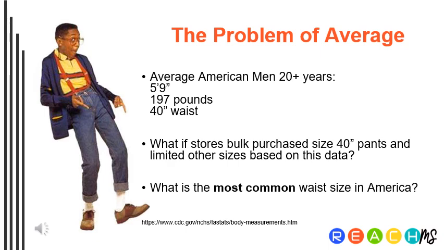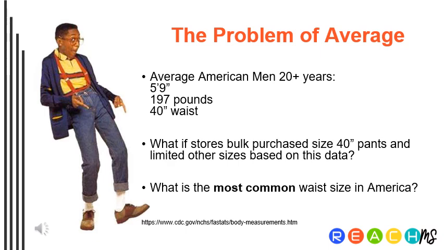If we took the data from those averages and stores bulk purchased 40-inch waist pants and only carried those in store, everyone outside of a 40-inch waist would have to special order their pants. Everyone would have a problem except those 40-inch waists. It's very similar to what we do to students in the classroom.